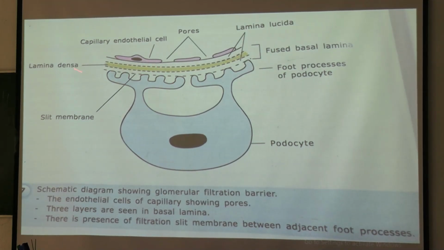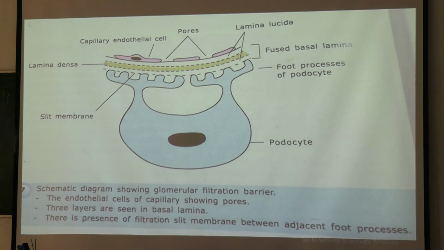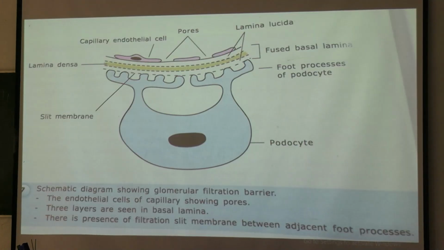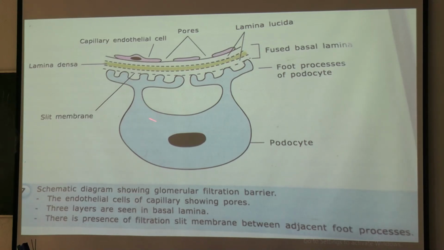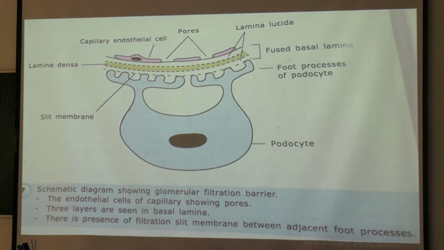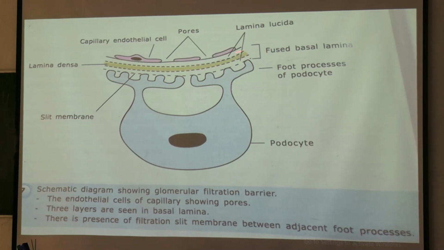This is the basement membrane, and these are the podocytes with foot processes. Three layers. And there is the presence of filtration slit membrane between adjacent foot processes. So all these are slit membranes. In between the foot processes, the gap is the slit membrane. And this capillary is also showing the pores.